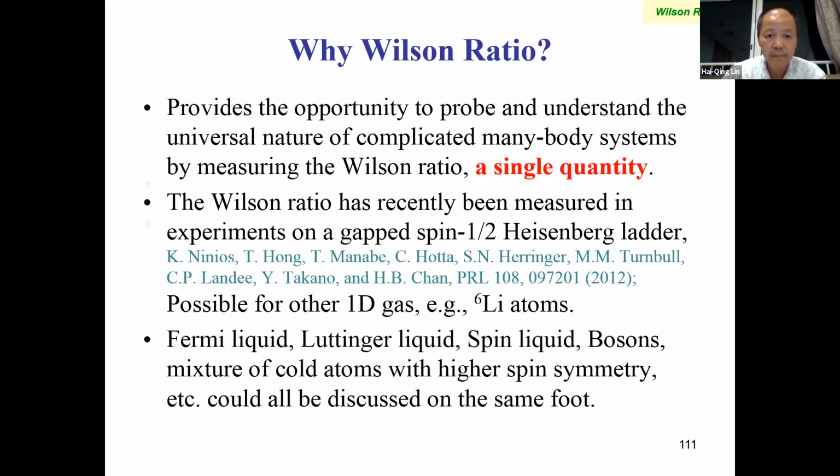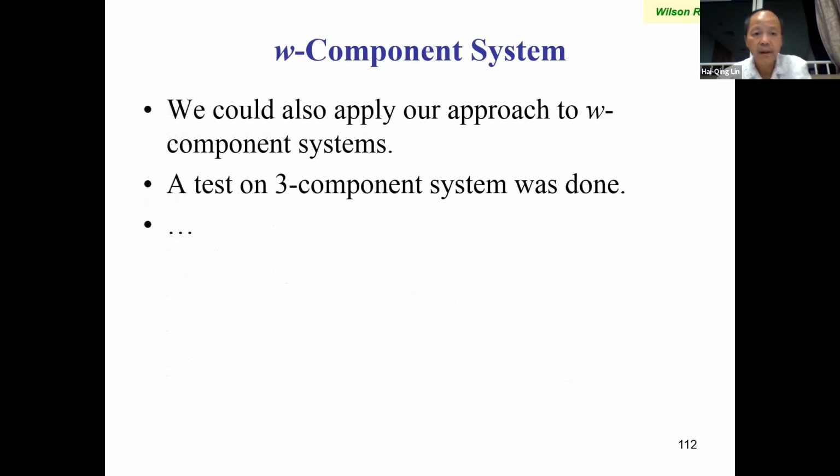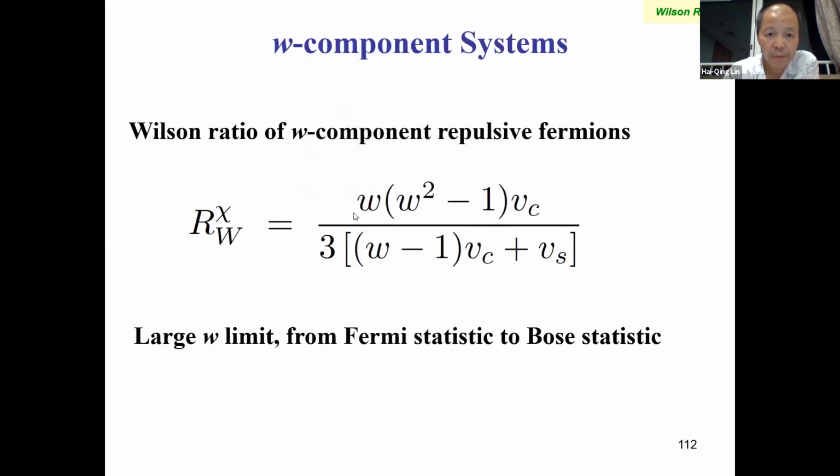Right. Okay. Now, also, for the next two minutes I can show it's not just these two components. For the W-component system, we also did a test. Again, we do this Bethe Ansatz type of study, and we can do some analytical expansion, and this is a result for W-component Fermi gas and the Wilson ratio.